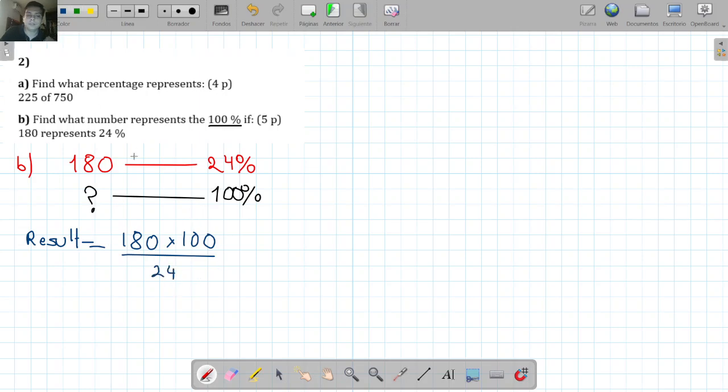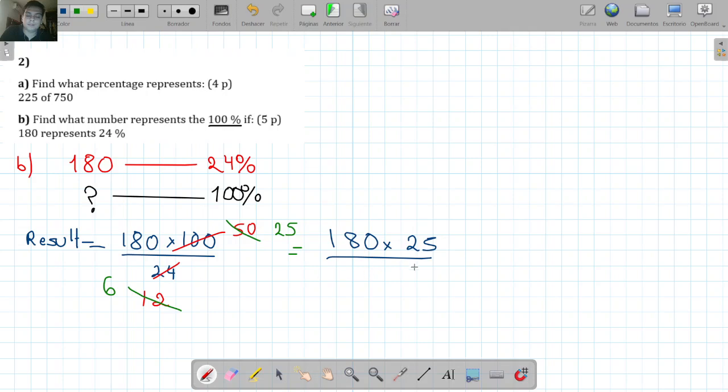Again, my recommendation, as I said before, we can simplify things. We can take the half and the half, 12 and 50. Again, we can take the half and the half. This is 6. This is 25. Let me rewrite this. Can we still simplify it? Of course we can do.